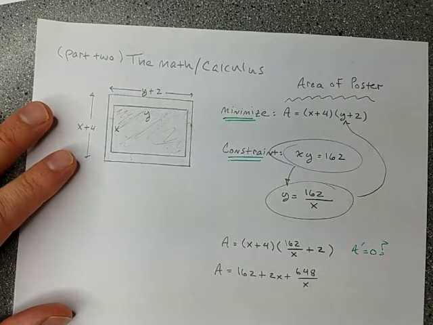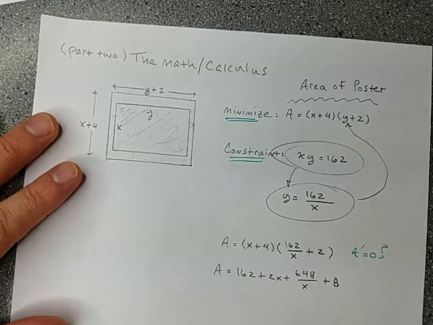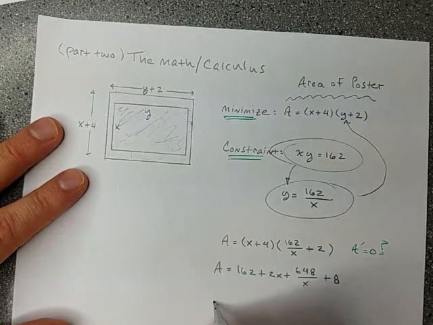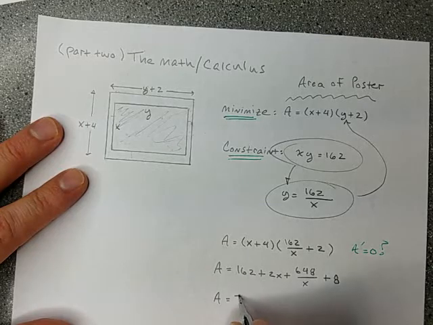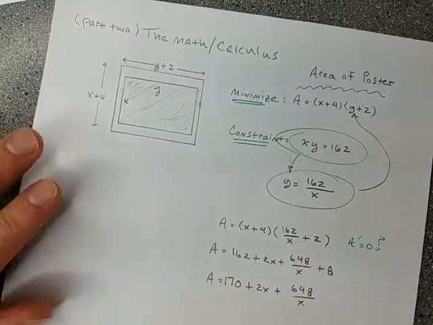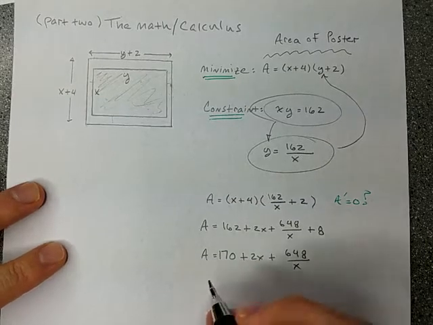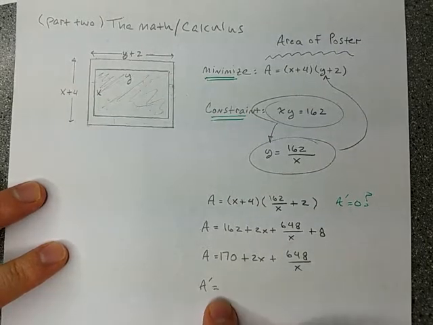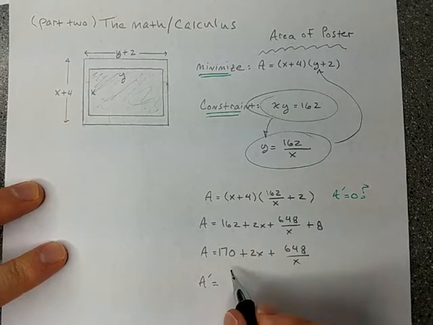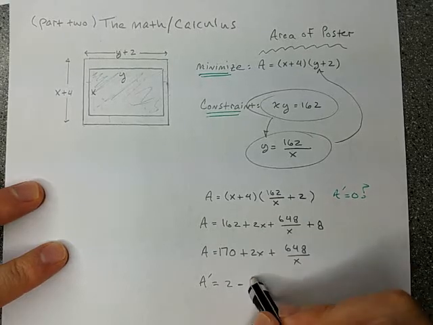And then 8, 4 times 2. I'll add some terms: 162 and 8 gives 170. So A equals 170 plus 2x plus 648 over x. That's reduced in a way that I think will make the derivative easier to get. So A prime, the derivative of this, which my goal is to set equal to 0, will be 2 minus 648 over x squared.